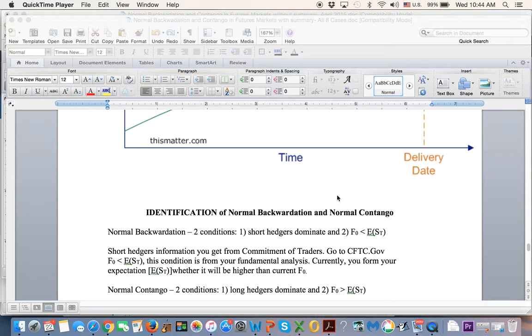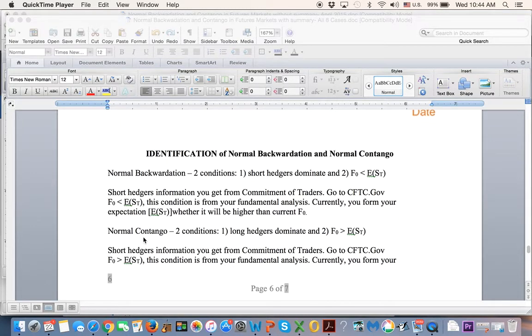In the case of normal contango, you look at whether long hedges dominate and F sub 0 is greater than E(S_T). So the question is, where do you get the data for short hedges and long hedges, and where do you get the data for F sub 0 and E(S_T)?